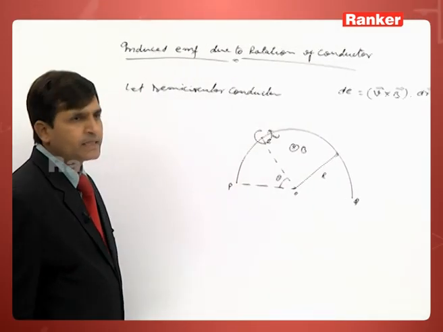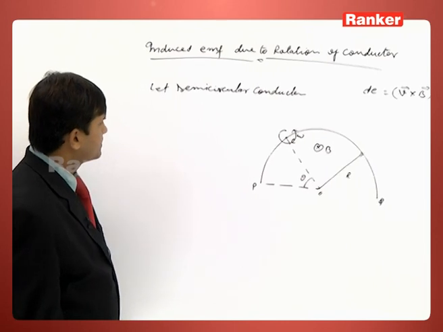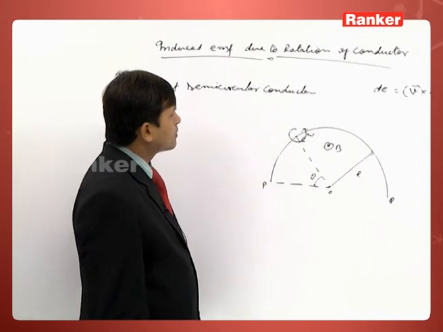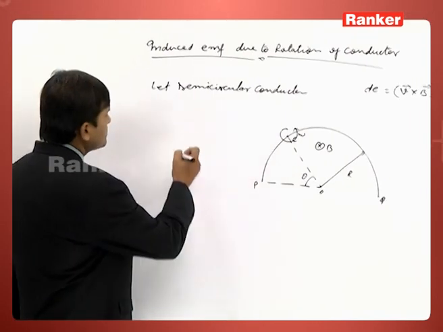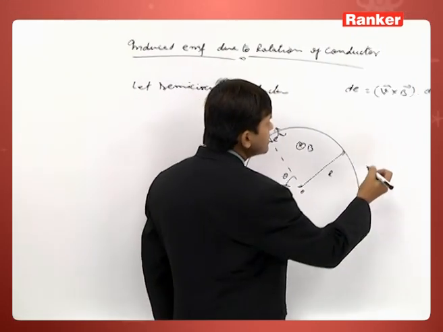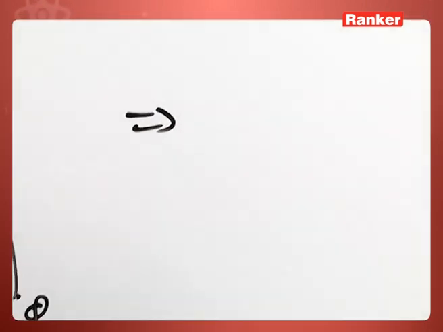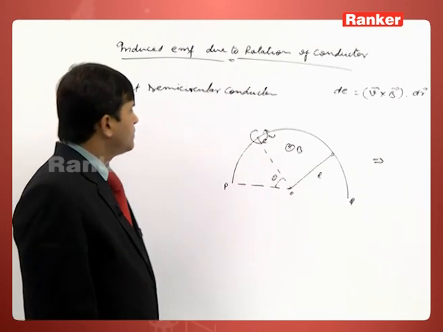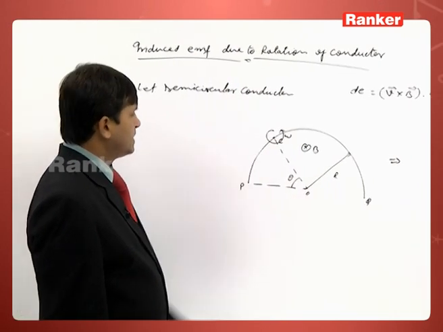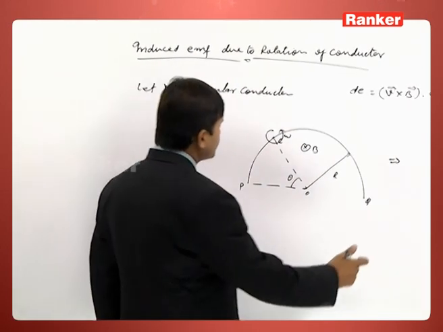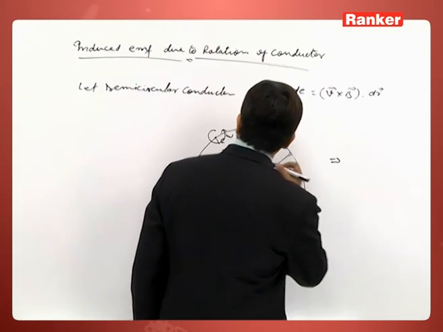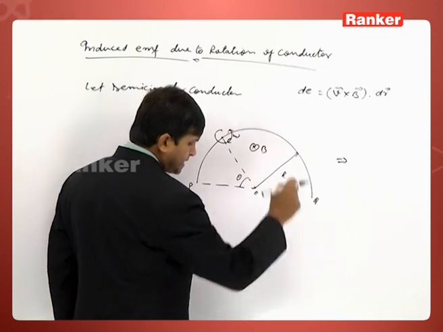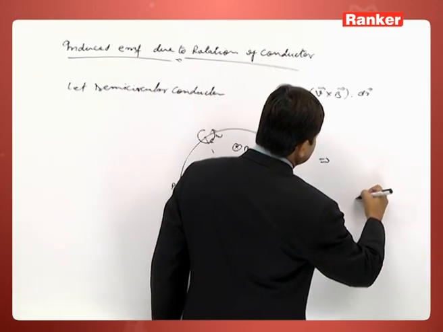Then how to calculate? As we know, in case of an irregular shaped conductor, we can join the end points. So it is just like one conductor we are having, PC length, and another, CQ.